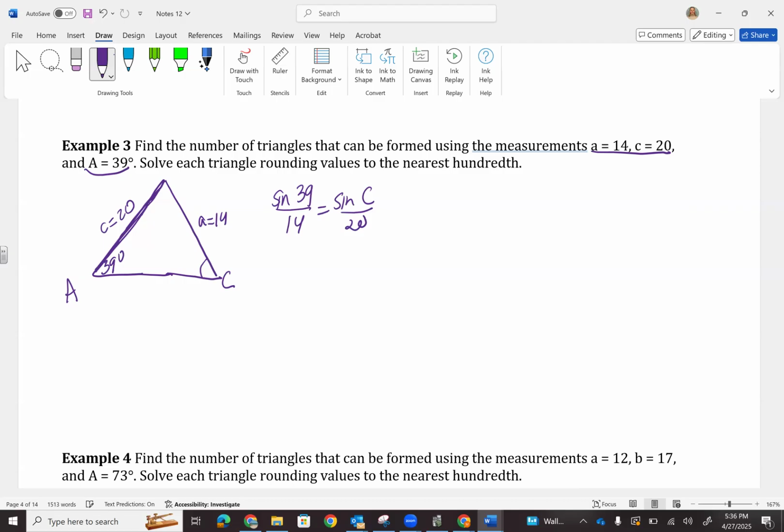We're going to cross multiply and solve it. Get 20 sine of 39 equals 14 sine of C. Divide both sides by 14. And to get C by itself, you're going to do inverse sine. So the measure of angle C should equal, I'm going to copy my work from here, 64.03.